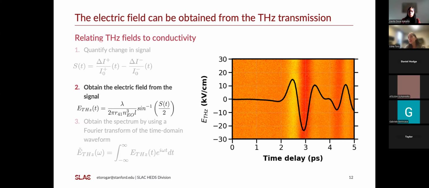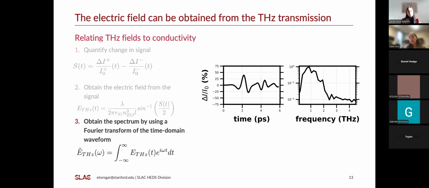So once you convert into the electric field, we can convert into the waveform, and we do care about converting into the waveform. So we are actually able to give you a DC conductivity. The DC conductivity is equal to the zero frequency conductivity. So we want to be looking at everything in the waveform domain.